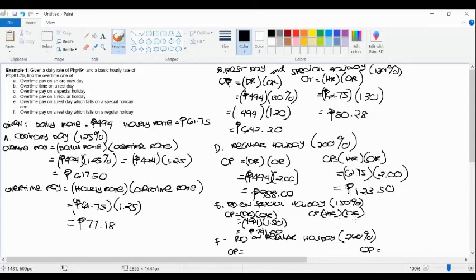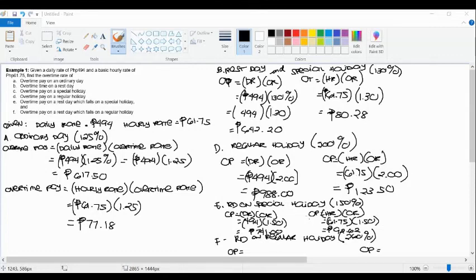While for the hourly rate, 61.75 multiplied by 1.50 will be equal to 92.62 pesos.